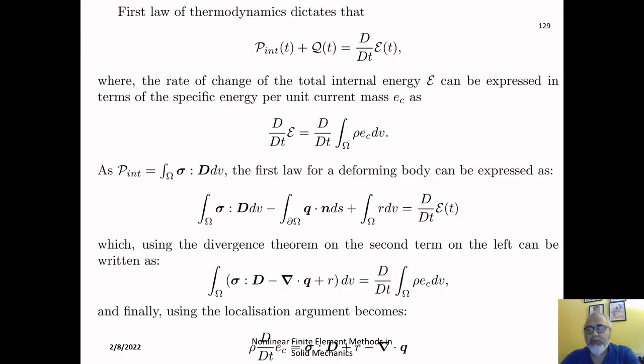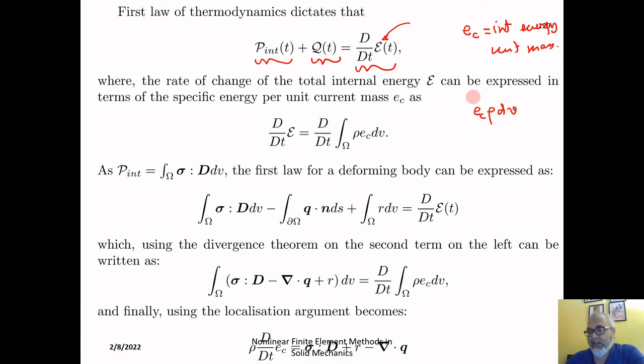Now here is your first law of thermodynamics in rate form. The stress work done and the rate of heat supplied is equal to the rate of change of the internal energy, where the internal energy is given by this quantity E. Now we are going to define an internal energy per unit mass, a specific quantity EC, which means that for a small volume dV, its mass is rho times dV, and its internal energy is EC, and that integrated over the whole volume will give you this E. Then we will take the d/dt of E, the rate of change of the total internal energy.